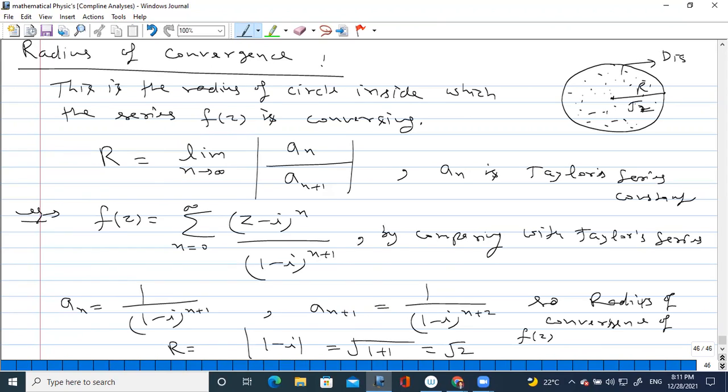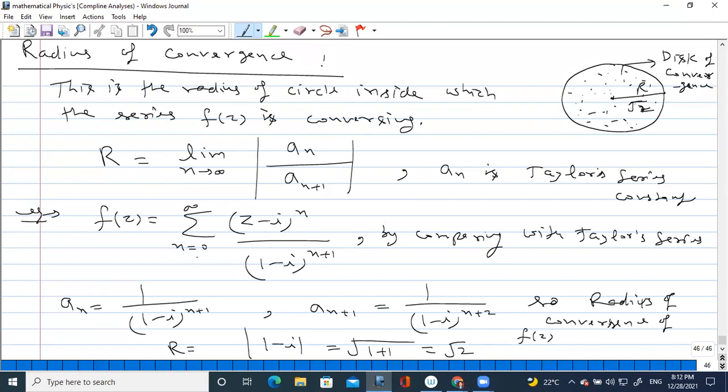So this is also named the disk of convergence, with radius under root 2.